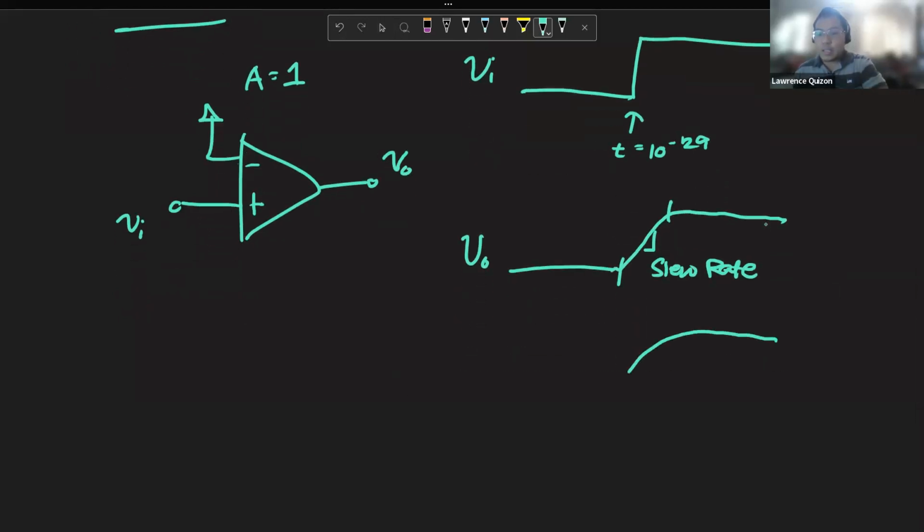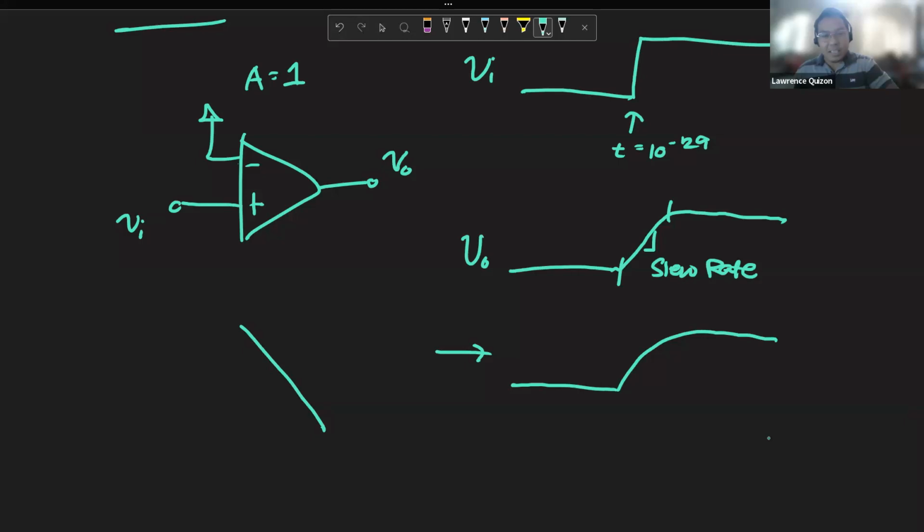It looks like the step response of an RC circuit. Can anyone thumbs up if you guys know the step response of an RC circuit? Okay, so you've seen it before. And it kind of suspiciously looks like this.